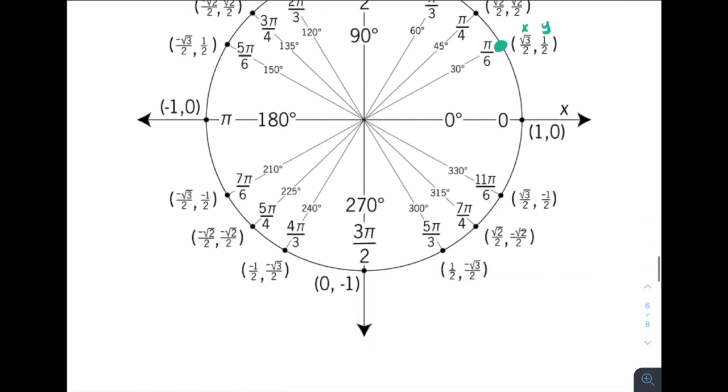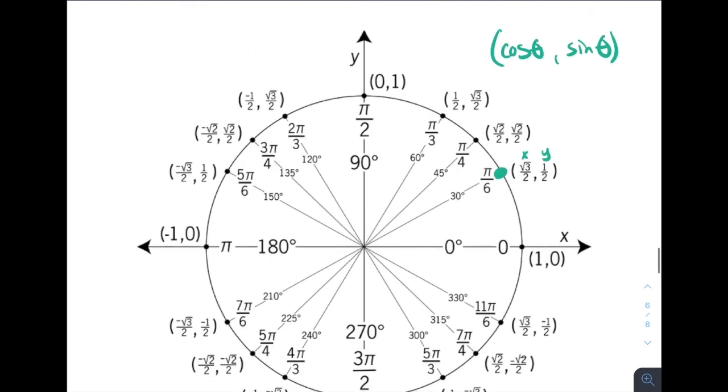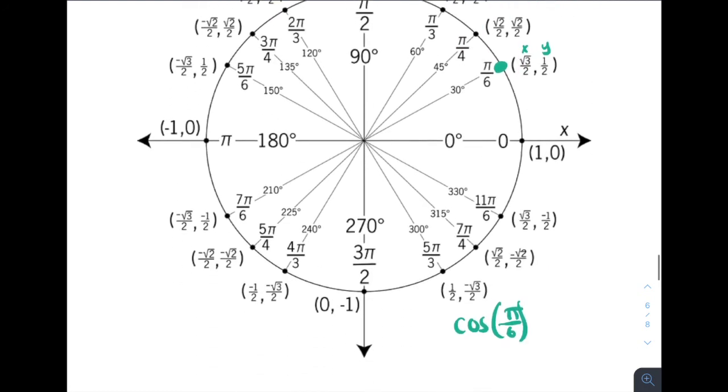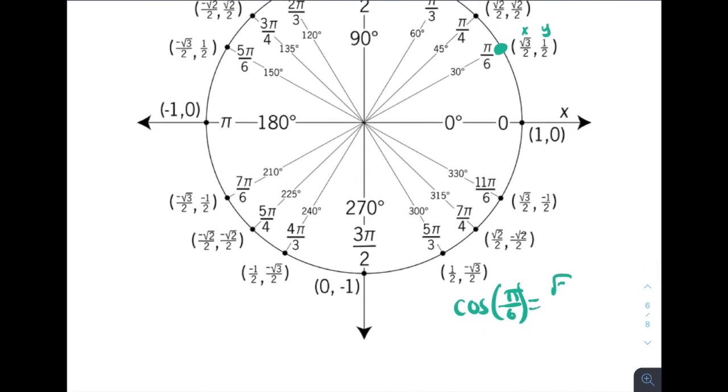So if I wanted to find cosine of pi over 6, here's our pi over 6. Cosine is the x value. The exact answer for cosine of pi over 6 is root 3 over 2, because that's the x value at that point. Sine of pi over 6 is the y value. That's going to be 1/2. We can see that right here.